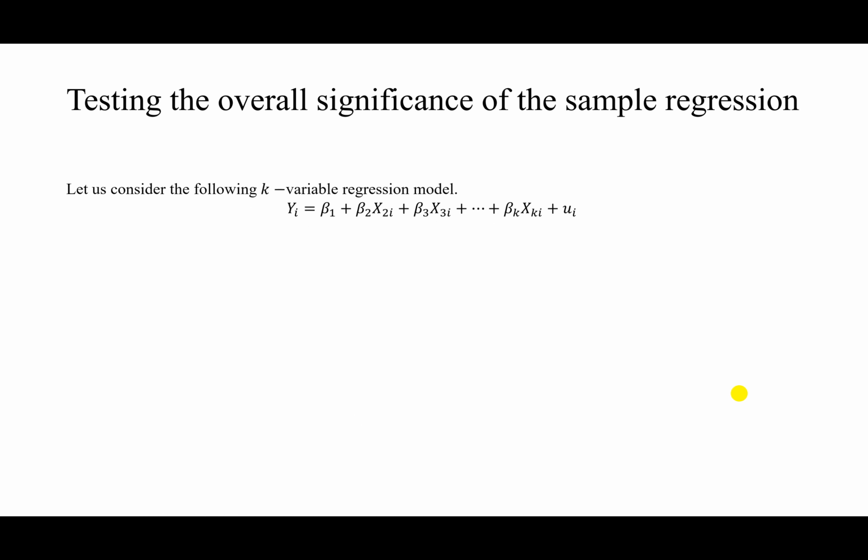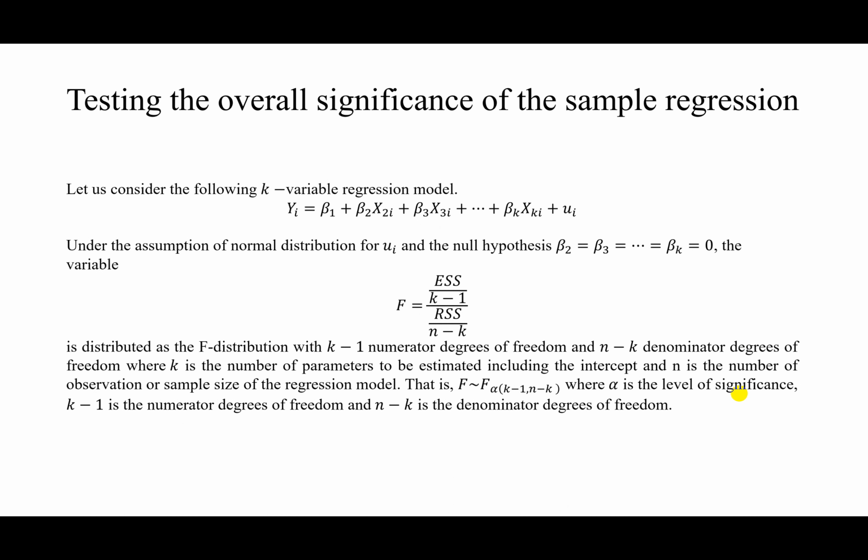So let us consider the k-variable regression model as discussed earlier. Under the assumptions of normal distribution for ui and the null hypothesis beta 2 equal to beta 3 equal to dot dot dot equal to beta k equal to 0, the variable F is equal to ESS, the explained sum of squares, divided by k minus 1, divided by RSS, the residual sum of squares, divided by n minus k.